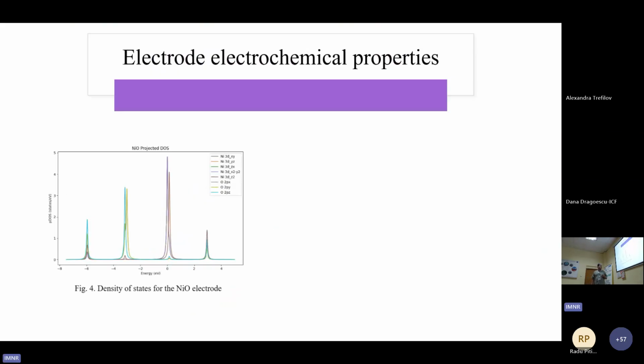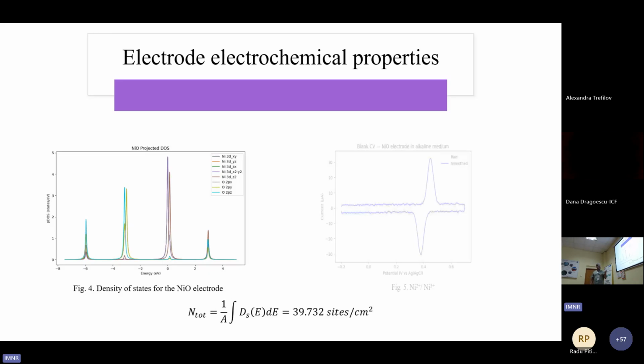First of all, I simulated the density of states for the nickel oxide electrode. By using the Slater-Koster tight-binding model, and by integrating over the energy spectrum and reporting to the area, I determined the density of sites on the surface of the electrode on which glucose and other interferents would attach themselves.